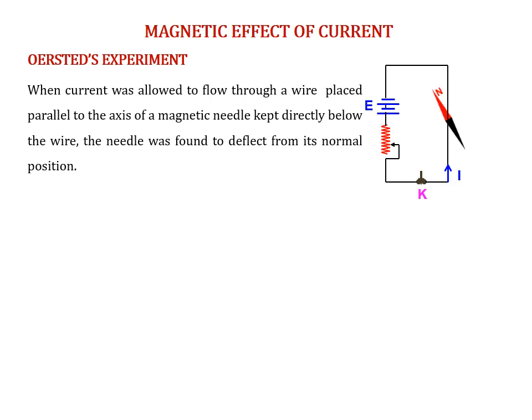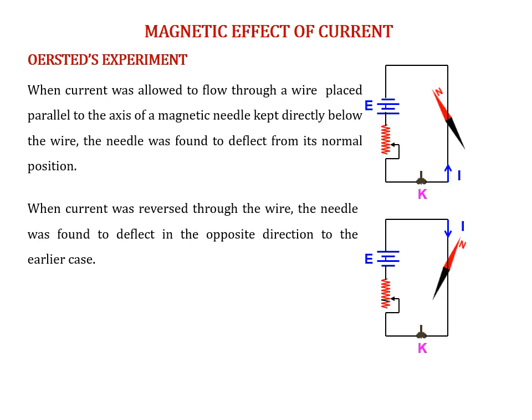This proves that a magnetic field is produced when current is passed through the conductor. When the current through the conductor is reversed, the direction of compass needle also reverses. This shows that the direction of magnetic field reverses with the direction of current.